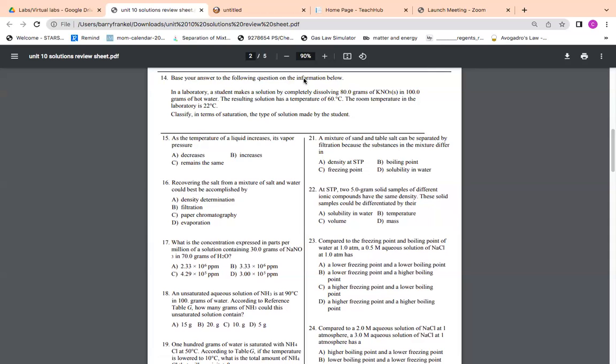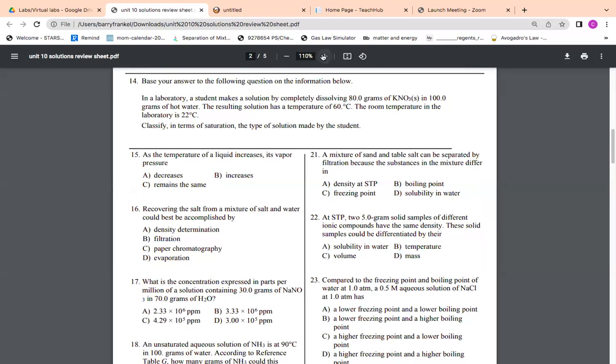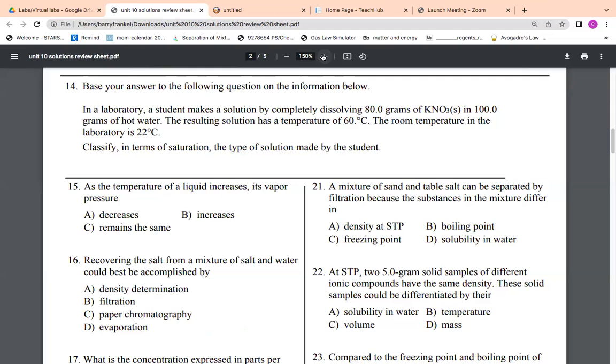Number 21, a mixture of sand and table salt can be separated by filtration because the substances in this mixture differ in, this would be solubility in water. Sand does not dissolve in water, so it just sinks to the bottom, but salt does dissolve in water.